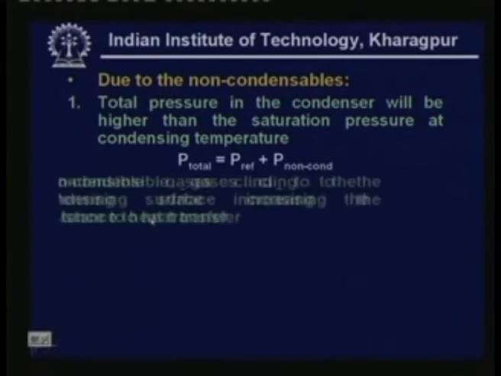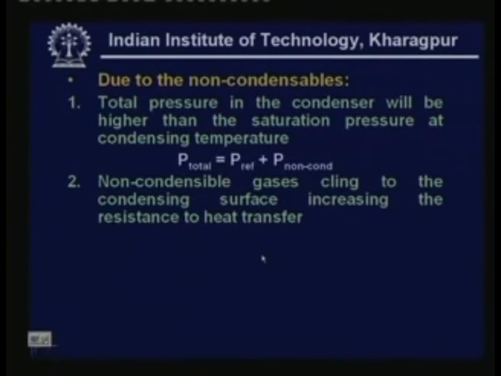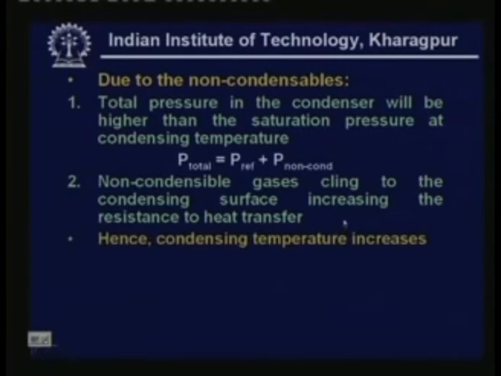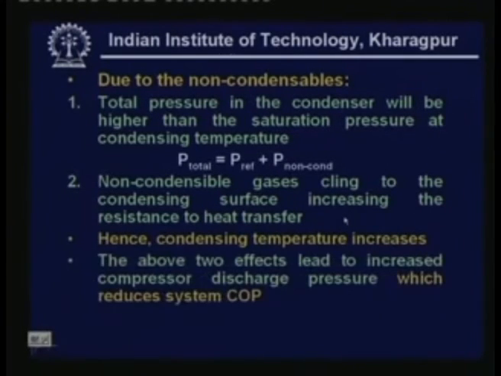Not only this, you also have a second effect, that is the non-condensable gases cling to the condensing surface, increasing the resistance to heat transfer. Hence condensing temperature increases, right. So because of these two factors, we find that there is an increased compressor discharge pressure. That means whenever there are non-condensable gases, the condensing temperature increases and the discharge pressure also increases.